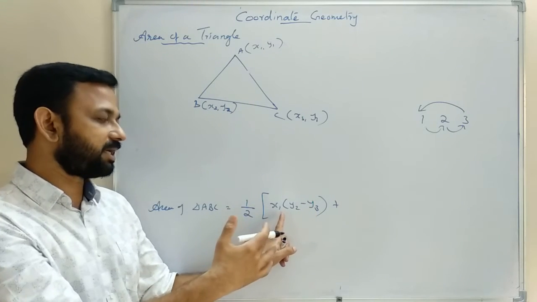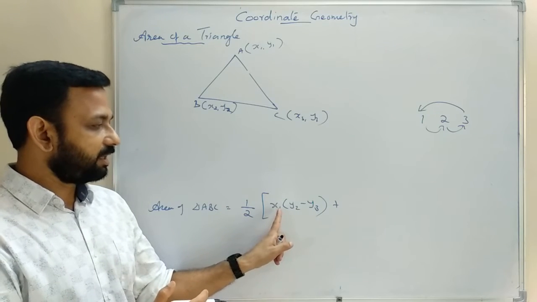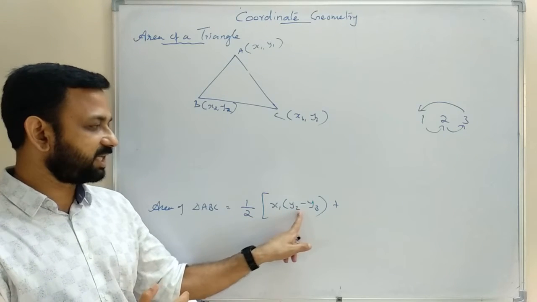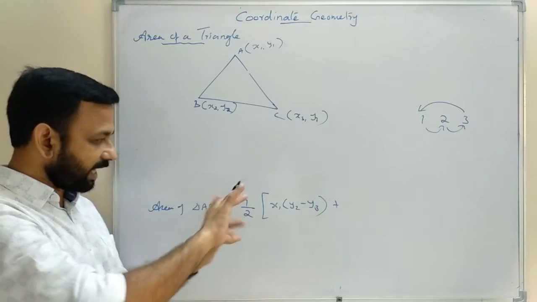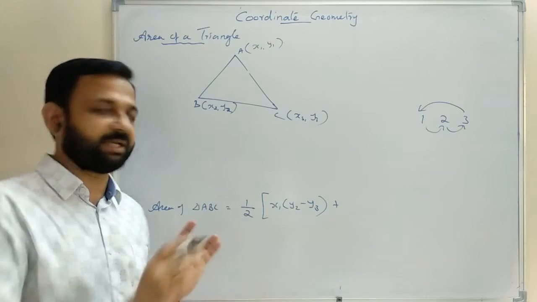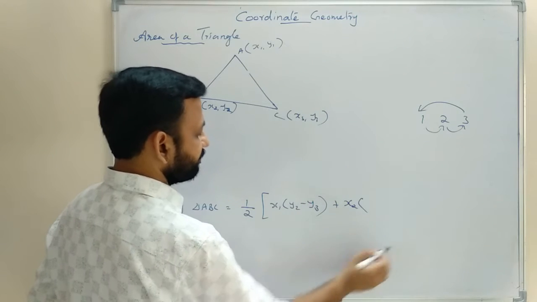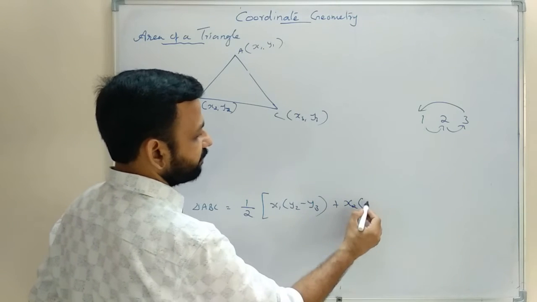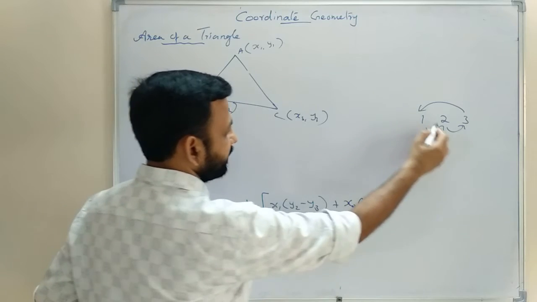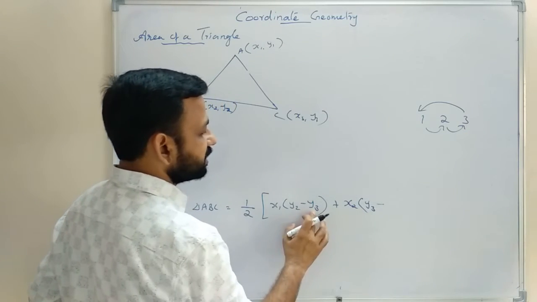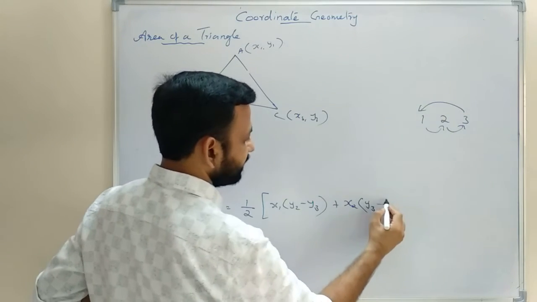Then in the second term, 1 becomes 2, 2 becomes 3 and 3 becomes 1, and the order, variables, everything is the same. So 1 becomes 2, so x1 becomes x2. Then 2 becomes 3, so y2 becomes y3, minus, 3 becomes 1, so y3 becomes y1.